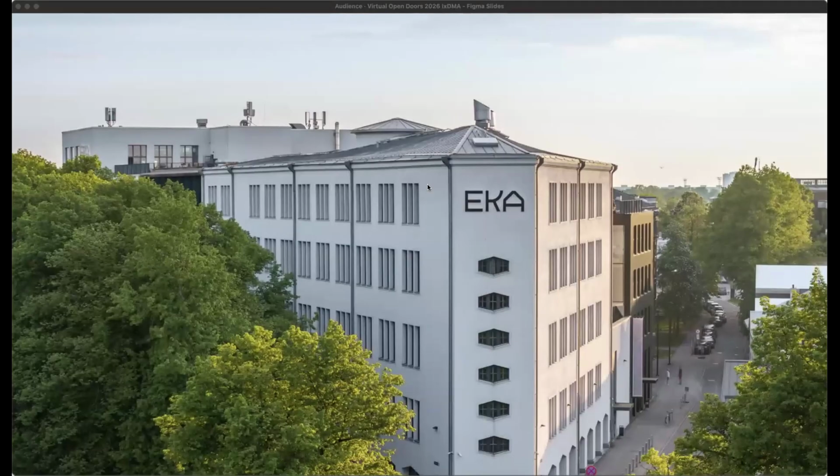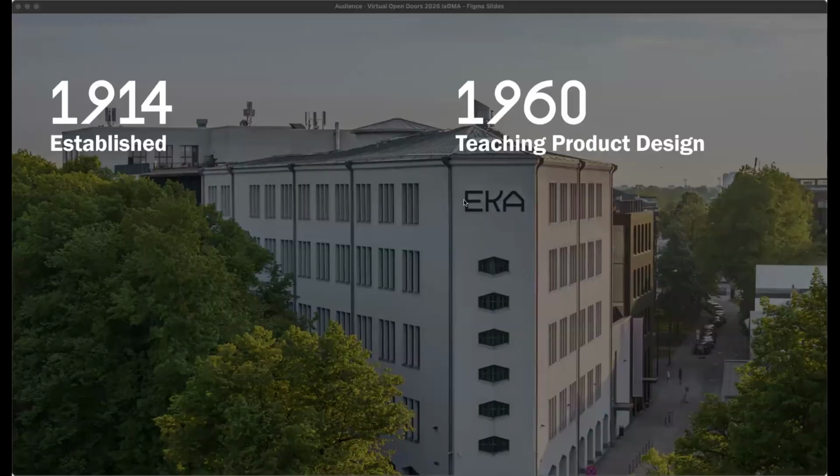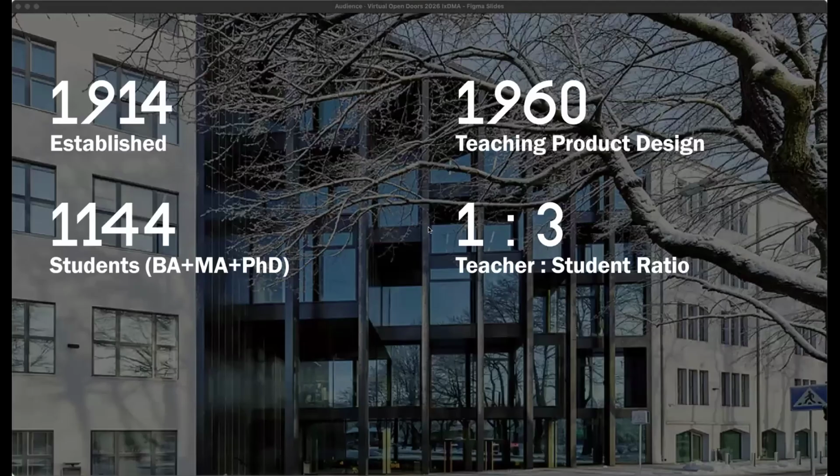Let's talk a bit about our school. So Estonian Academy of Arts, or EKA, as we say its name, recently celebrated its 111th birthday. So it's quite an old school in the world of design and arts. And design education in the product design department started in 1960. So we have quite some history teaching design here.